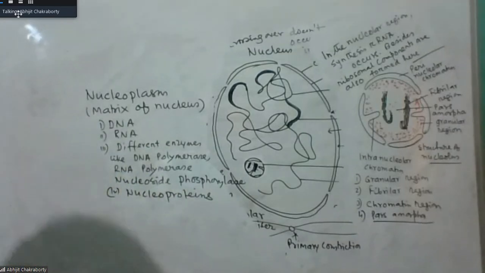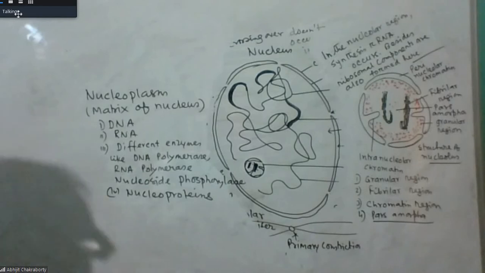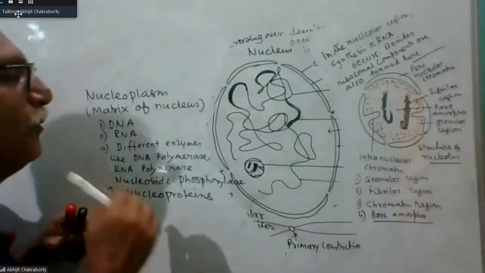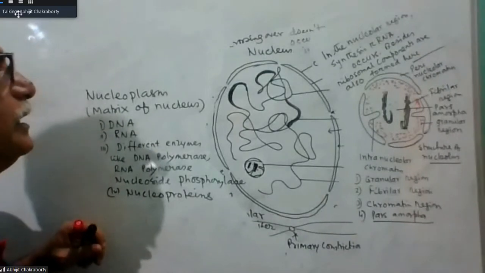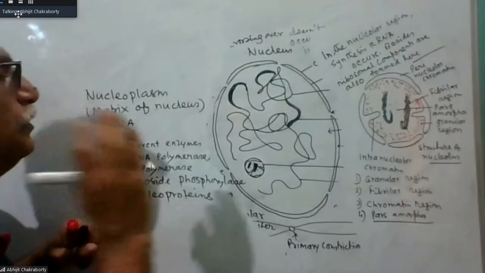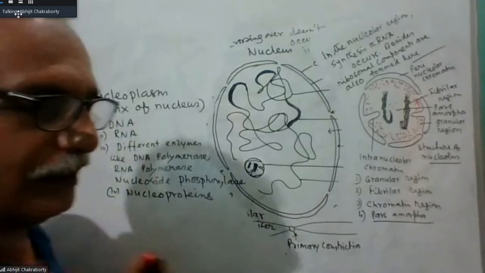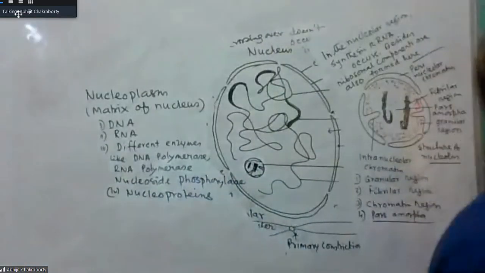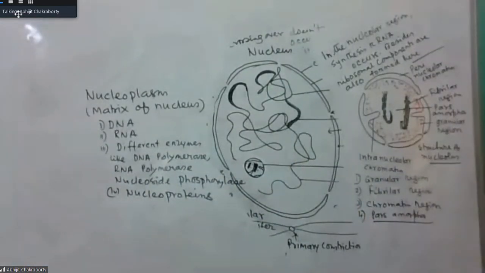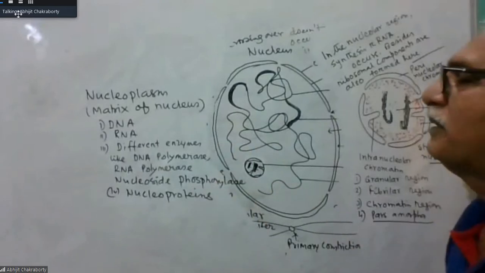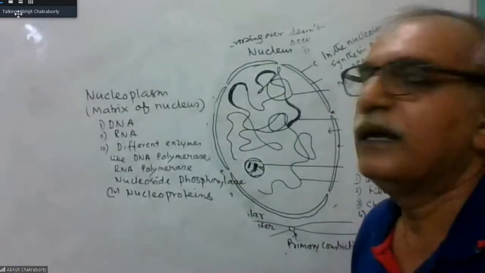So these are the components of the nucleoplasm. Some proteins are also found here that help in spindle formation. So this is a matrix. You will get the DNA, the RNA, the enzymes. DNA polymerase is responsible for replication of DNA.